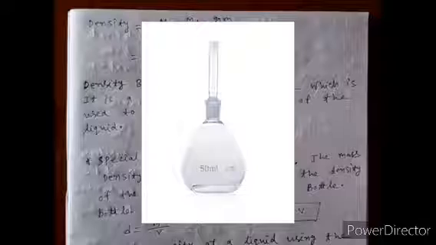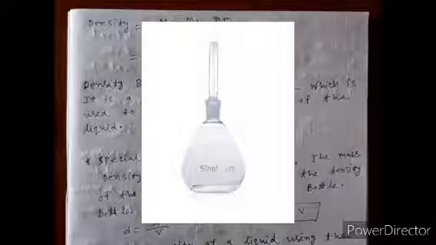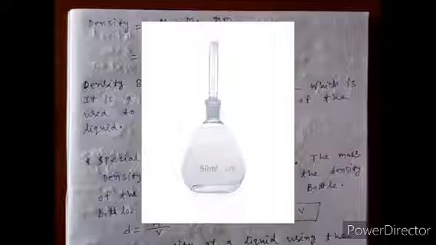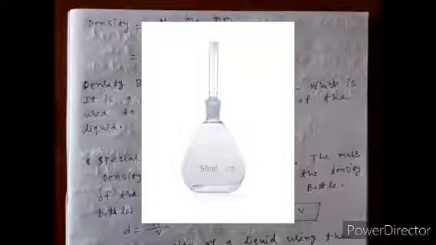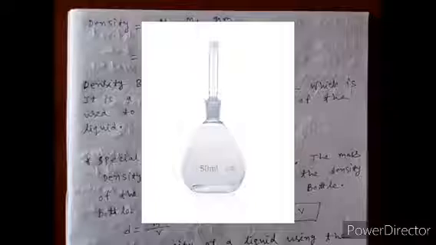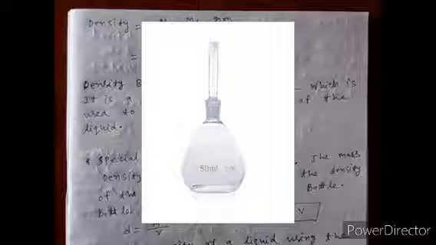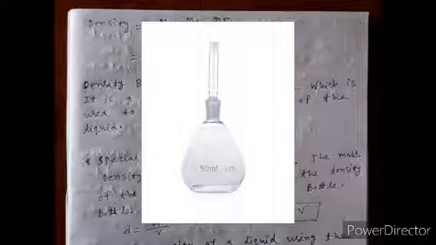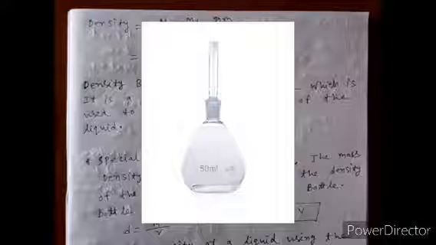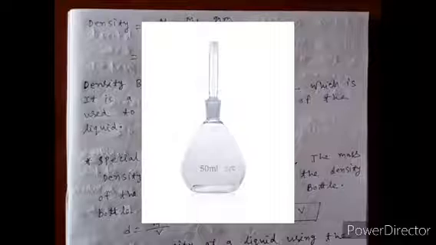Generally the volume may be 25 ml or 50 ml, and the stopper has a narrow hole through it. When the bottle is completely filled with liquid, the excess liquid rises through that hole and drains out. So when it is filled, every time the bottle always contains the same volume of liquid. That is the specialty of the density bottle.